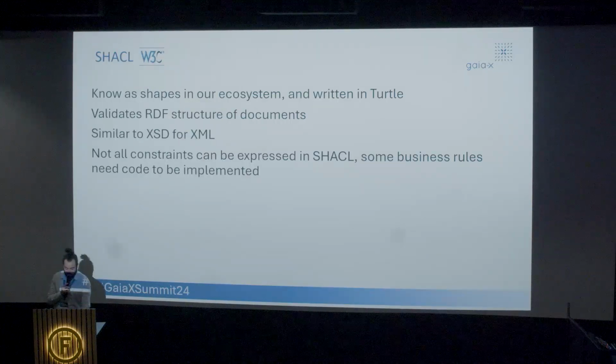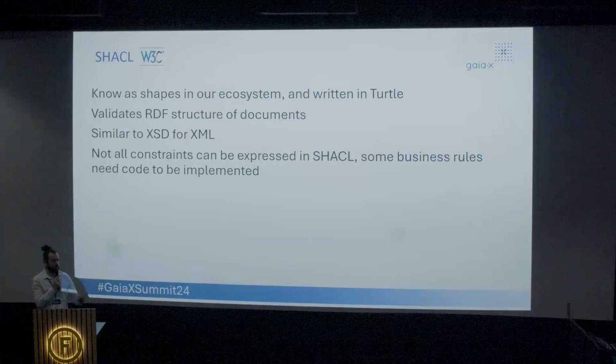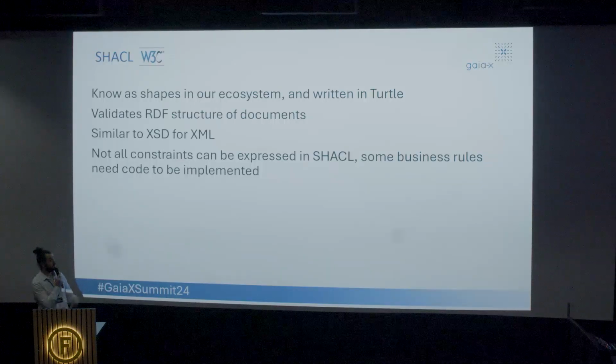I mentioned it briefly. We are using RDF, one of the representations of RDF, to describe the verifiable credentials. And we have this SHACL shape that is coming from the W3C that allows us to verify the format and a bit of the content. Basically, if you are familiar with XML, it's XSD for JSON.